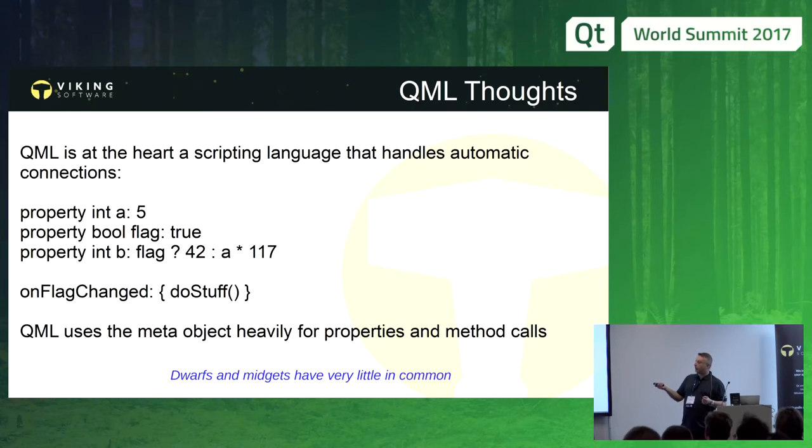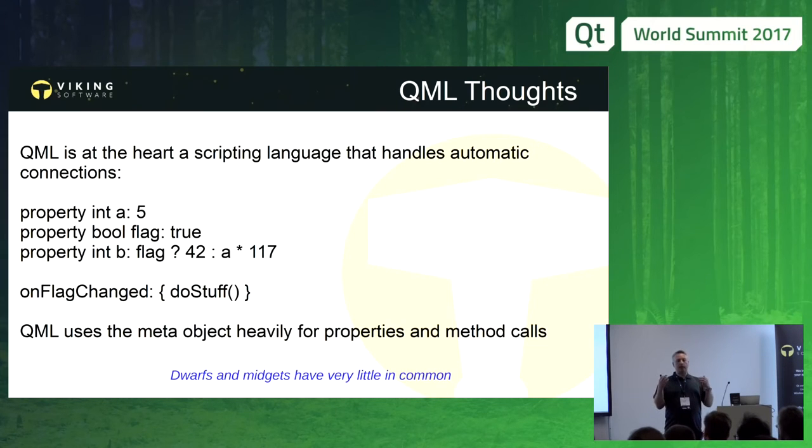Now A is updated. You set A to 20, and B is automatically set to 20 times 117. The only thing this does is use all the signals and slots connections. It doesn't actually, but it uses the notification from signals. So you can think about it as scripting from your signals to slots.